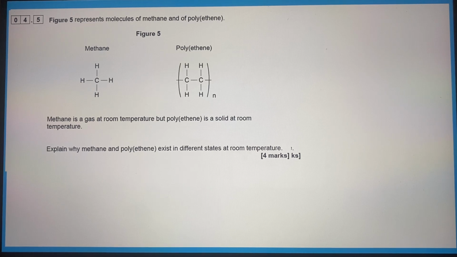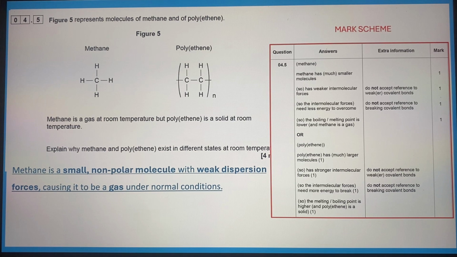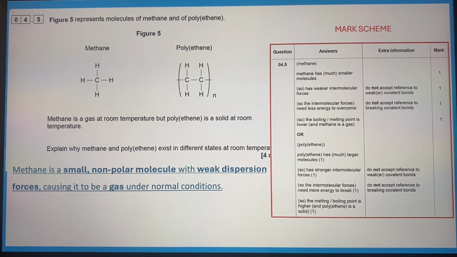Now we can write our answer. The key structural difference between methane and polyethene lies in their size and intermolecular forces. Methane is a small, nonpolar molecule with weak dispersion forces, causing it to be a gas under normal conditions. This matches the marking scheme's requirement to mention small molecules, weak intermolecular forces, and low boiling and melting points.